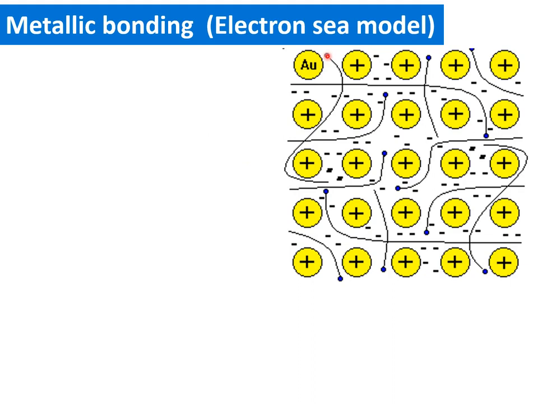They move freely in the crystal lattice, and this is the reason for the very high electrical and thermal conductivity of metals, and also the origin of the malleability and ductility of metals. This is called the electron sea model.